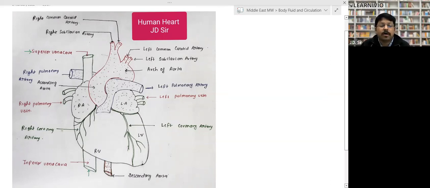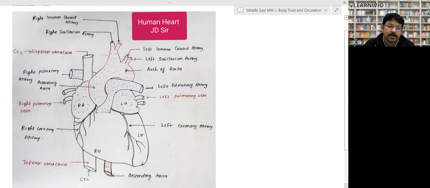Superior vena cava brings deoxygenated blood from the upper part of the body, like head, clavicle and all that. Superior vena cava is a bit smaller, and inferior vena cava is a bit larger. Inferior vena cava brings deoxygenated blood from the lower part of the body.